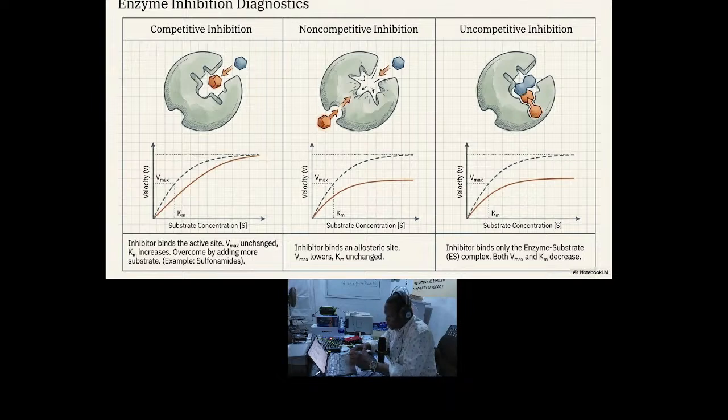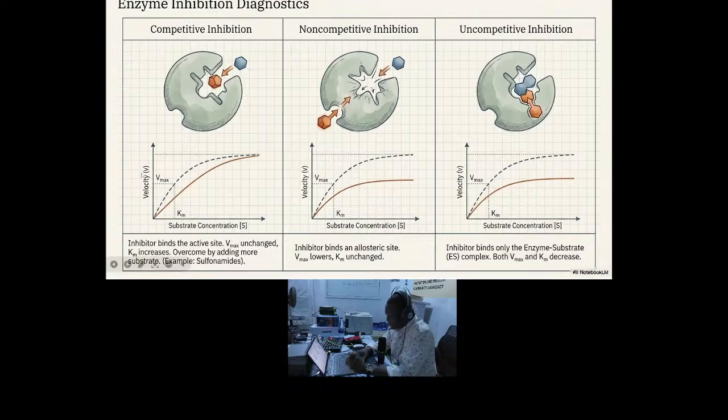State of equilibrium. So there are three basic types of enzyme inhibition. You can see this one is binding to the active sites. That is called competitive. It is competing for the same active sites as the substrates.